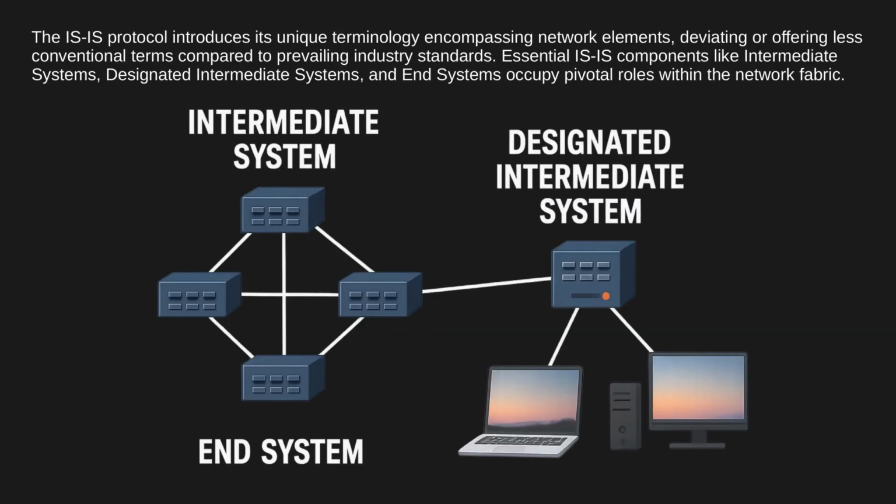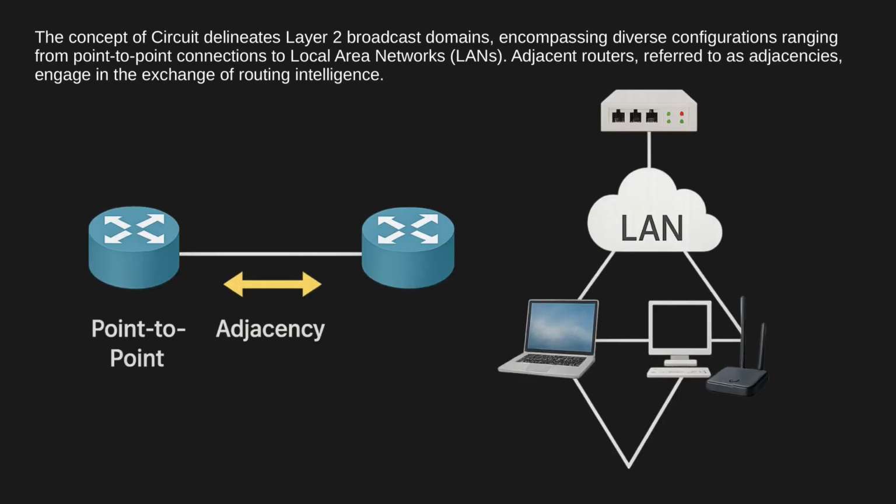The ISIS protocol introduces its unique terminology encompassing network elements, deviating from or offering less conventional terms compared to prevailing industry standards. Essential ISIS components like intermediate systems, designated intermediate systems, and end systems occupy pivotal roles within the network fabric. The concept of circuit delineates Layer 2 broadcast domains encompassing diverse configurations ranging from point-to-point connections to local area networks, LANs.